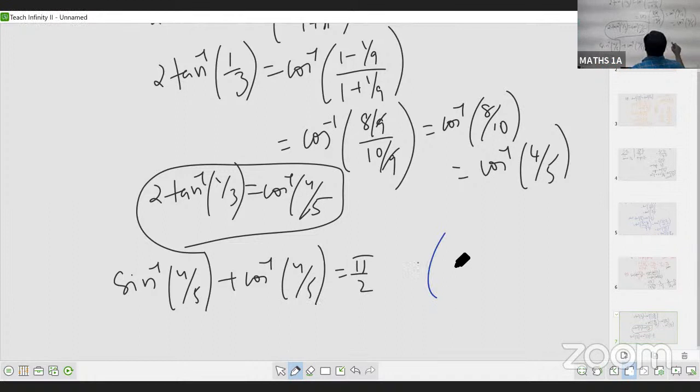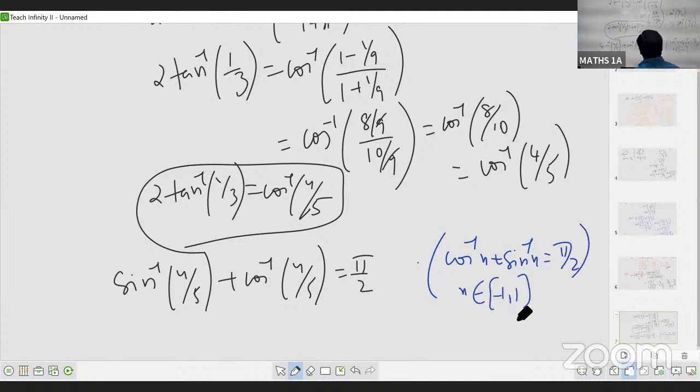What is that? Cos inverse x plus sine inverse x is always equal to pi by 2, and your x belongs to minus 1 to plus 1. Is it clear? Next.